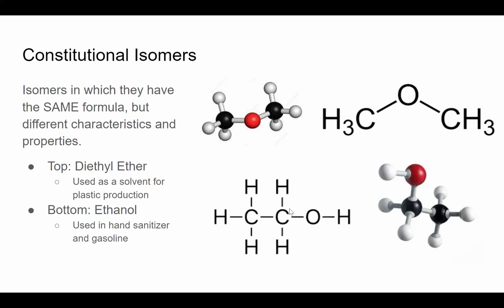Ethanol, which is a 2 carbon chain connected to an alcohol group, which is OH, is completely different in physical properties. It has a completely different property compared to diethyl ether. Ethanol is usually used in hand sanitizer and gasoline.